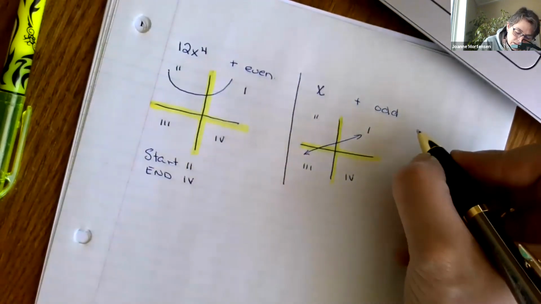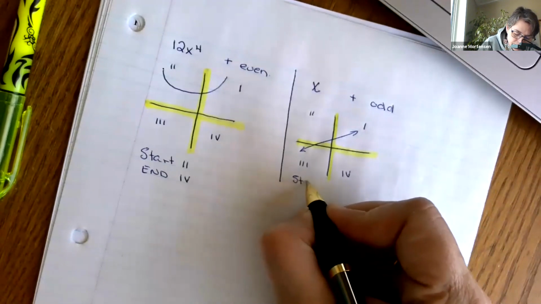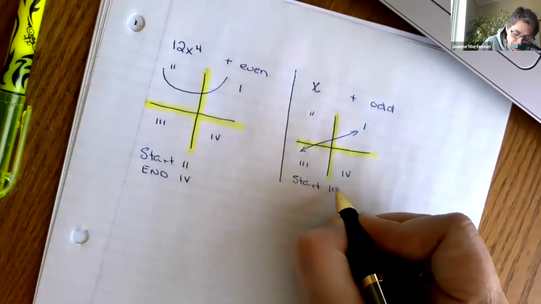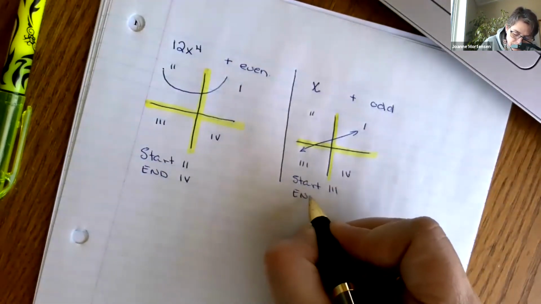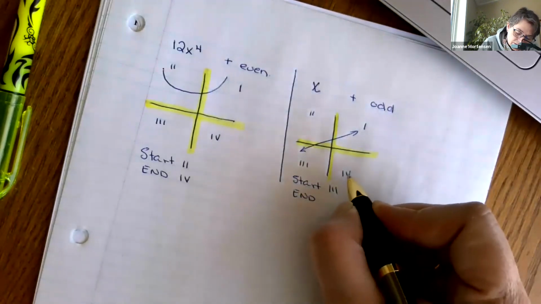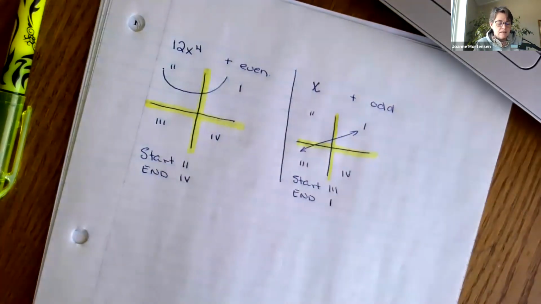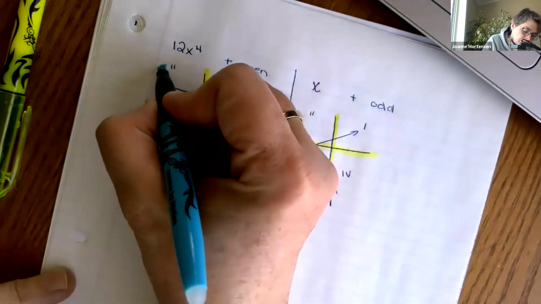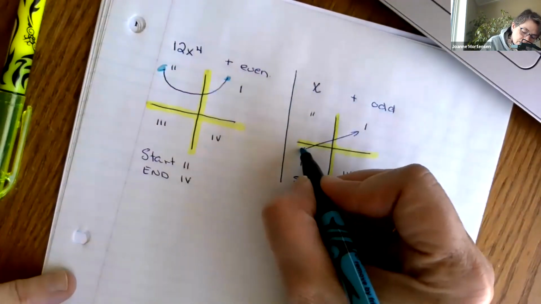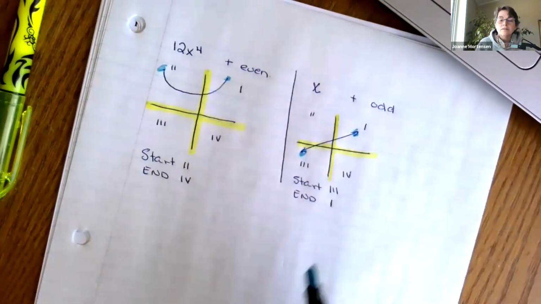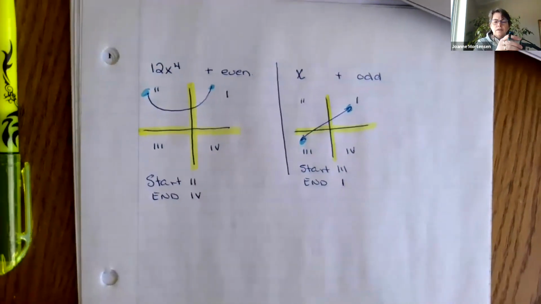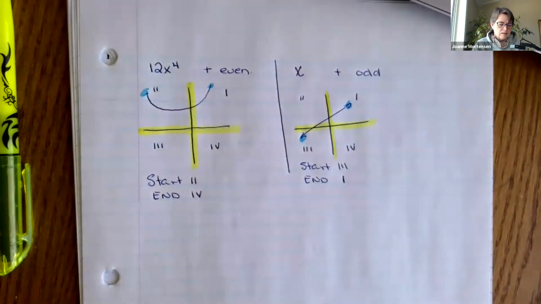So it's starting in 3 and up there in 1. Right, because I forgot to do them on these pictures. Just put little dots. Or I put the arrows. That's going to be the same.